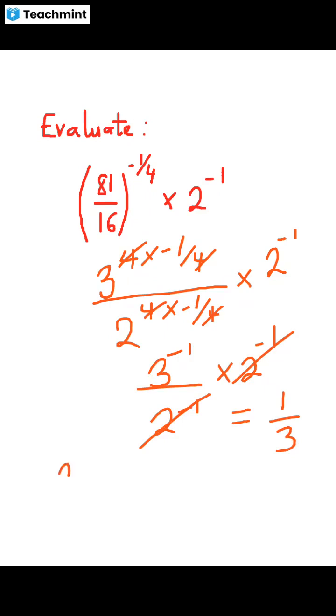Don't forget 3 raised to power minus 1 over 1. So this one can decide to change its position from numerator to what? Denominator. The only thing that will happen to it is that its power will change sign. So instead of being 3 raised to power minus 1, it's now going to be 1 over 3 raised to power 1, and that's 1 over 3.